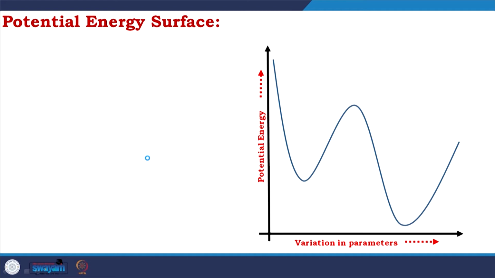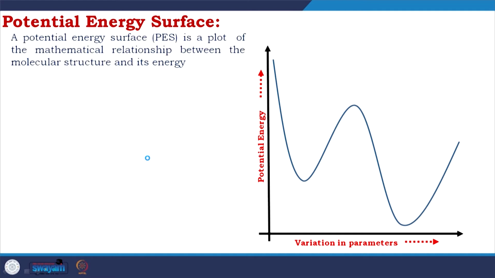A potential energy surface is a map. You will see here on the x coordinate there is a variation in parameter, and on the y coordinate there is potential energy. So, a potential energy surface is a plot of the mathematical relationship between the molecular structure and its energy. On one side there is energy, on the other side the change defined by the variation in the parameters.